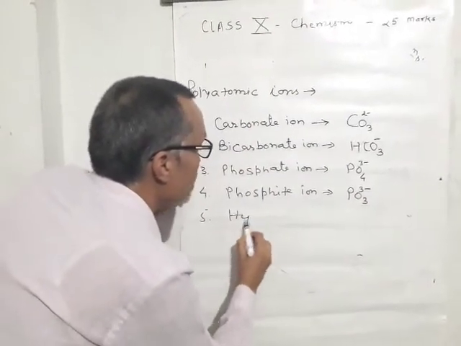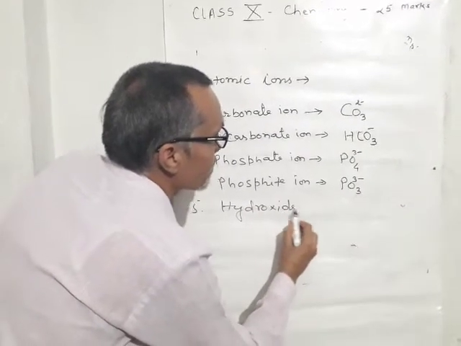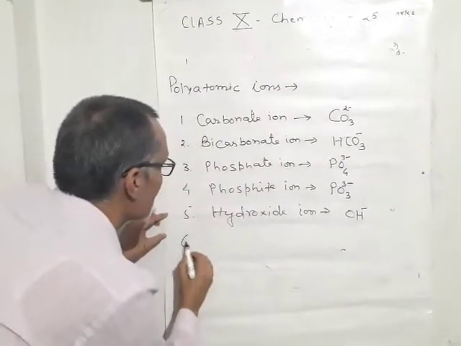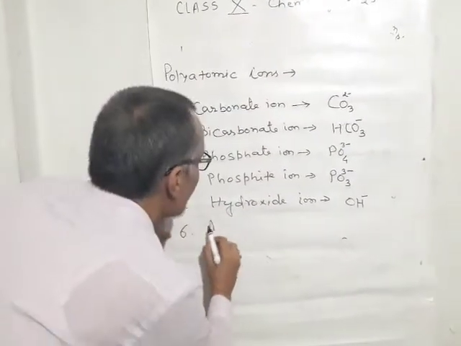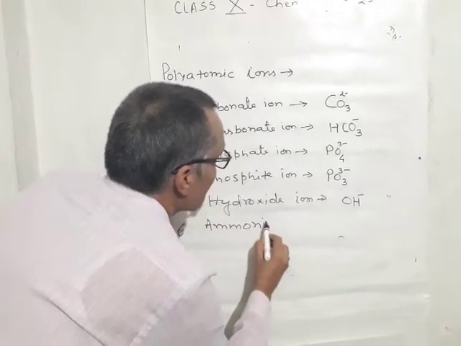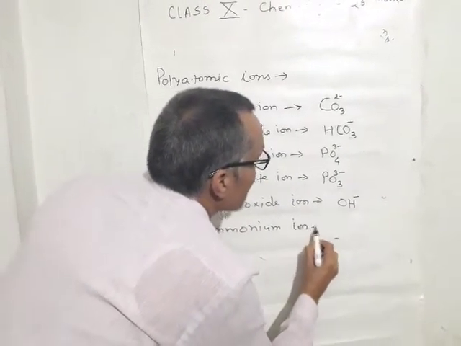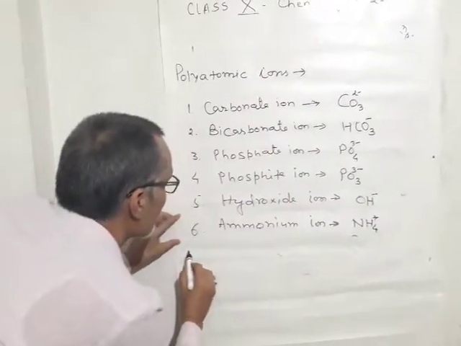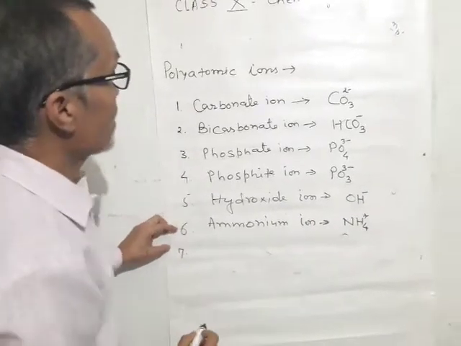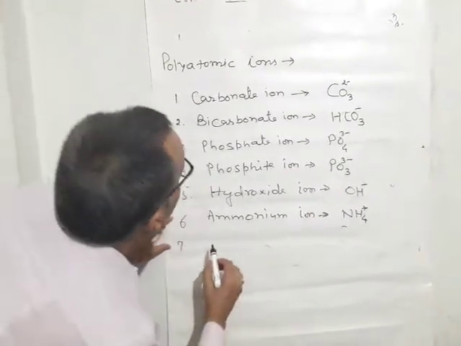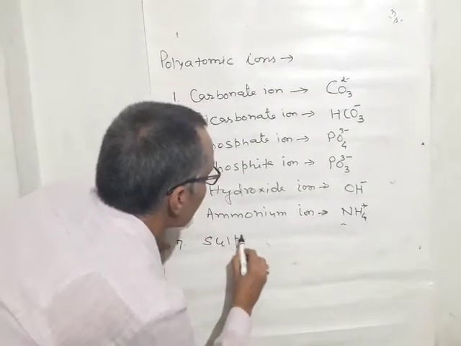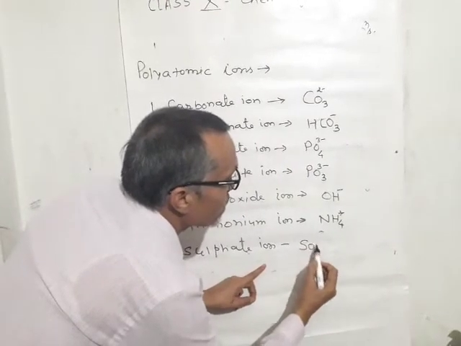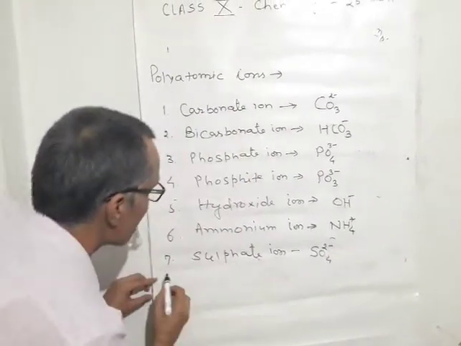Next, hydroxide ion, OH to the power minus. Next, ammonium ion, NH4 to the power plus. Next, sulfate ion, SO4 to the power 2 minus.